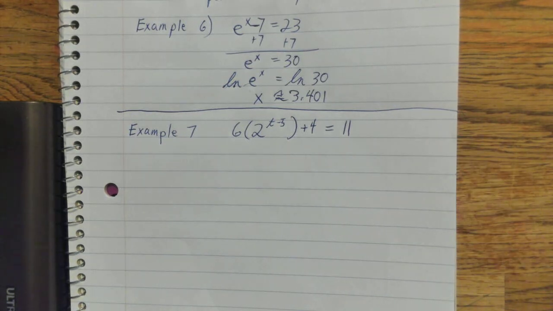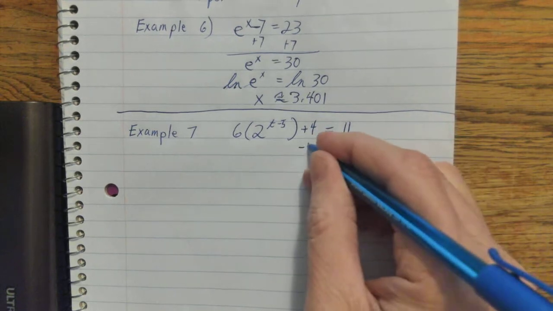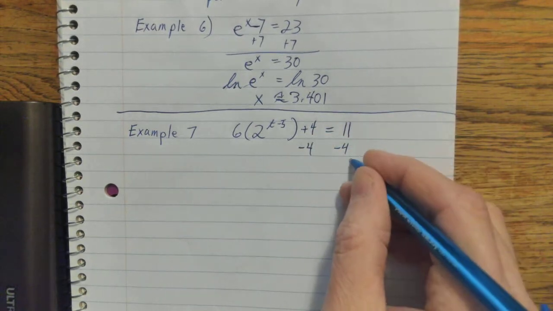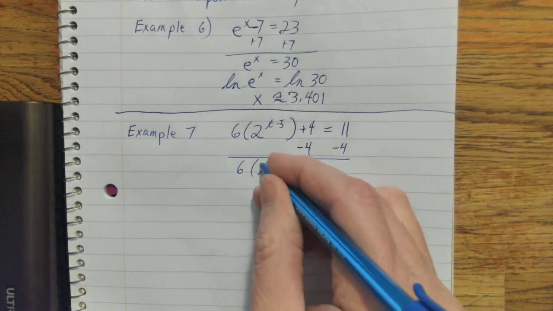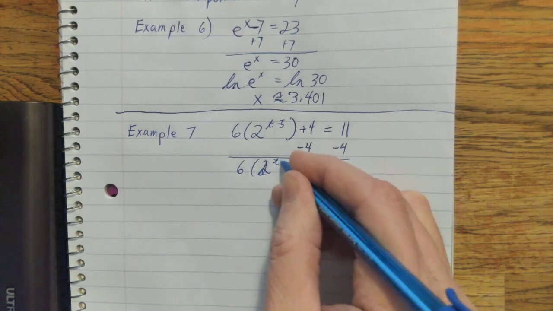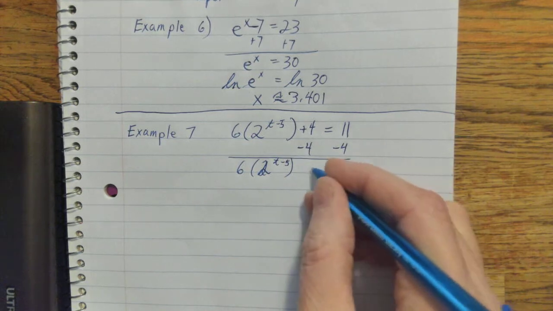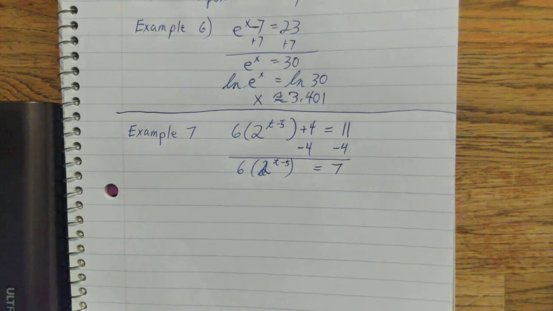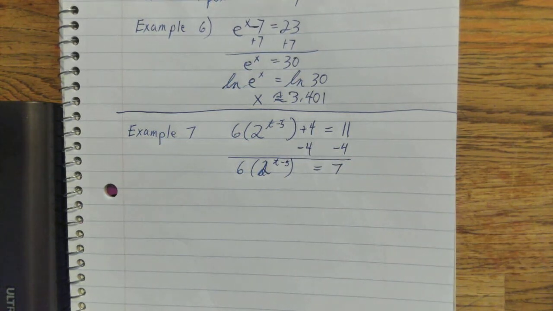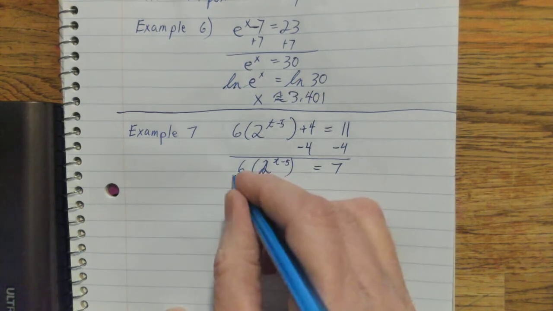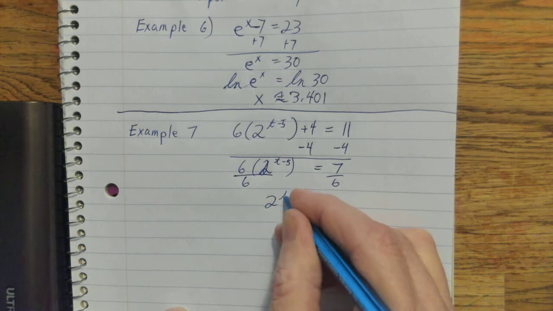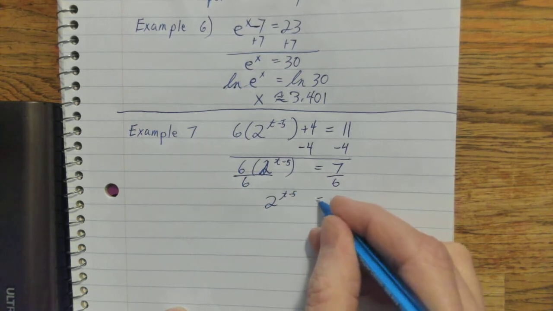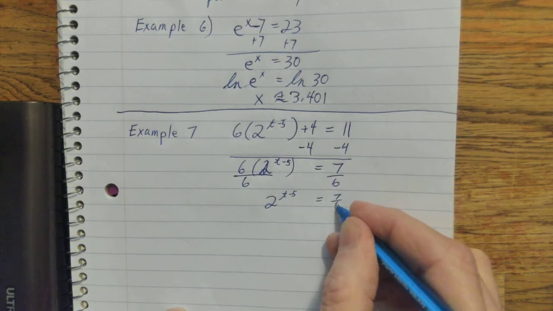I'm going to subtract 4 from both sides. I got 6 times 2 to the power of t minus 5 equals 7. I'm going to divide by 6 here. I have 2 to the power of t minus 5 equals 7/6.